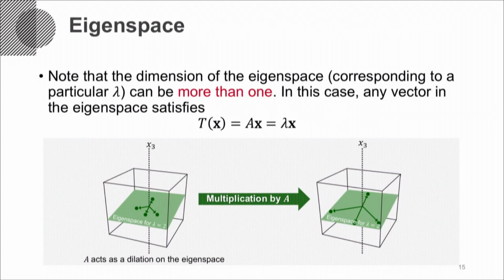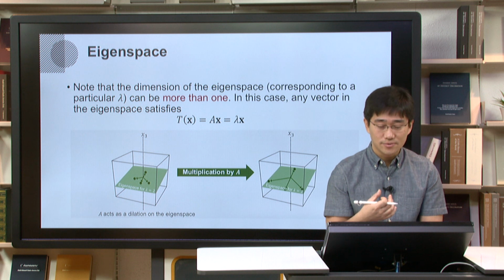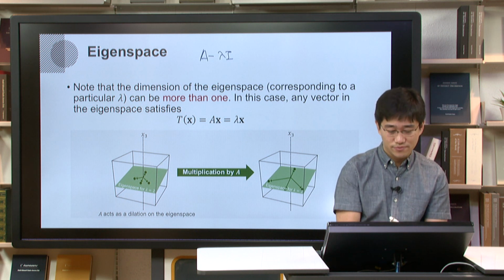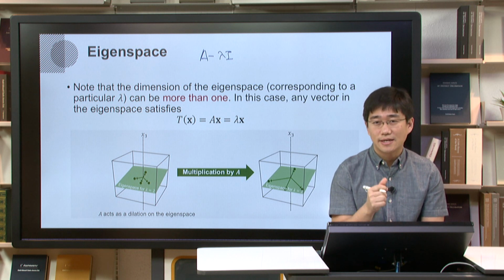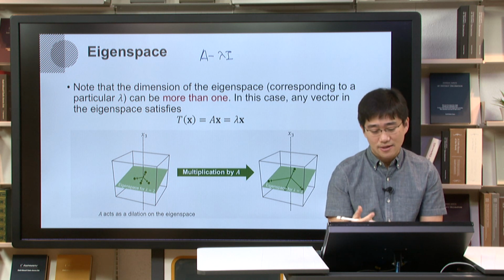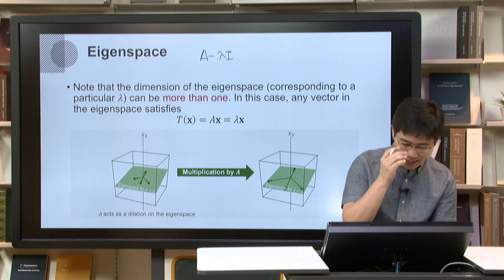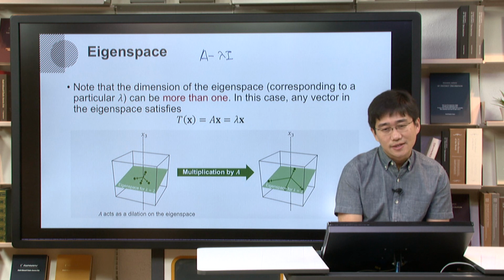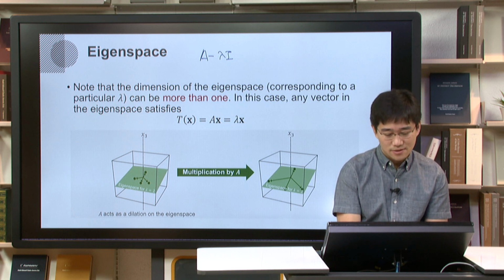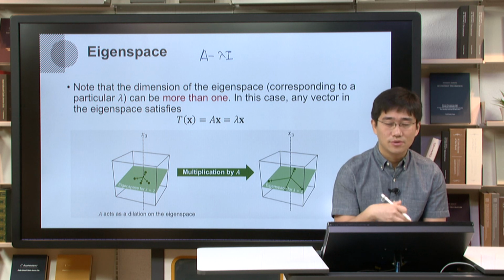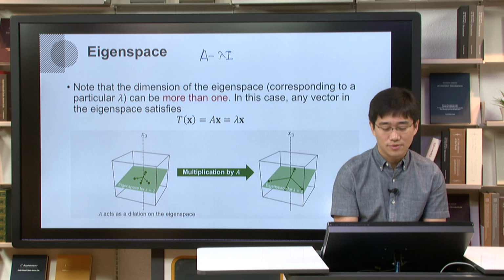Such a set of solutions is called the eigenspace, and it is the null space of matrix A minus lambda I. We also proved that the null space is a subspace spanned by some basis vectors, and such a basis can have more than one vector, which means the eigenspace can be 2 or more dimensional, not just one dimensional.